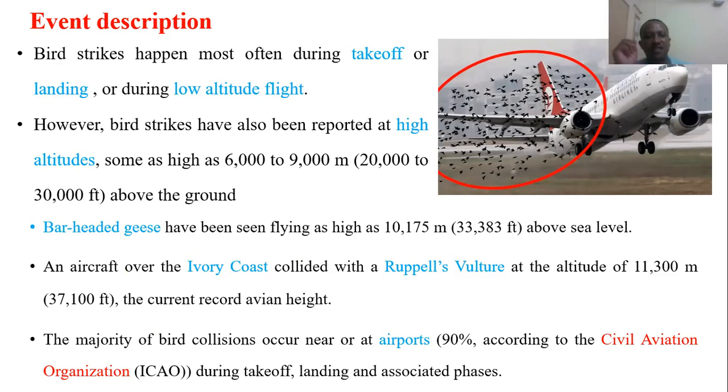An aircraft over the Ivory Coast collided with a Rüppell's vulture at an altitude of 11,300 meters, which is 37,010 feet, the current record aviation height.